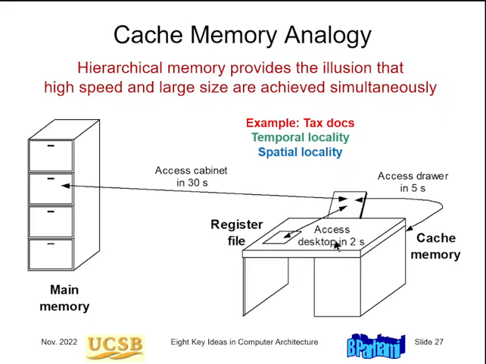Let's say I can access that in about 2 seconds, quite fast. Sometimes I have to go to the drawer. That takes a little bit longer, 5 seconds. And on occasion I have to look up something from the old file, so I have to walk to this cabinet, which may be in the adjacent room, so it takes longer. So these are basically analogs of registers, cache memory, and main memory.